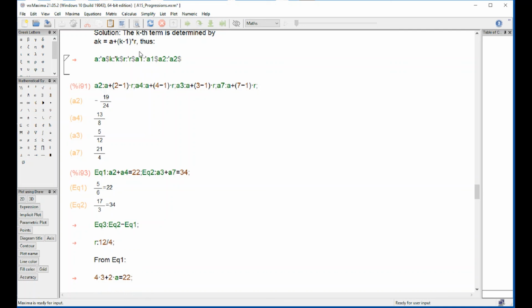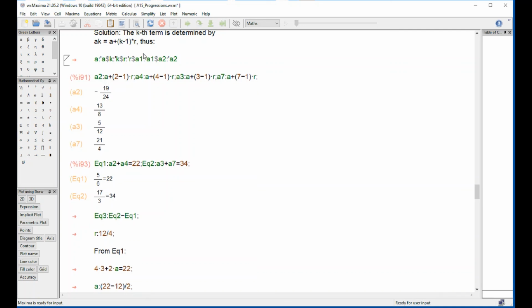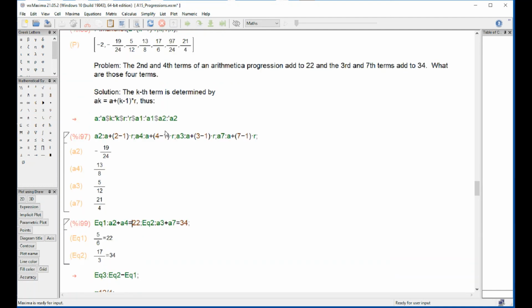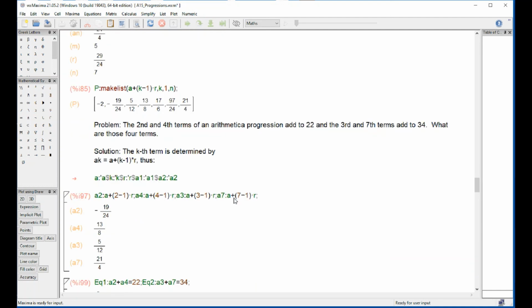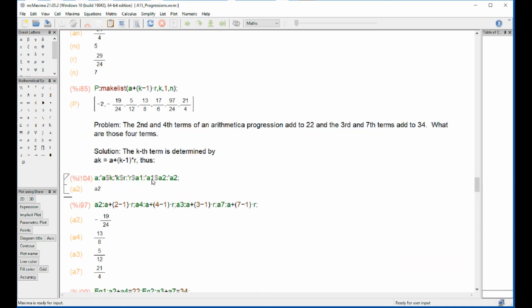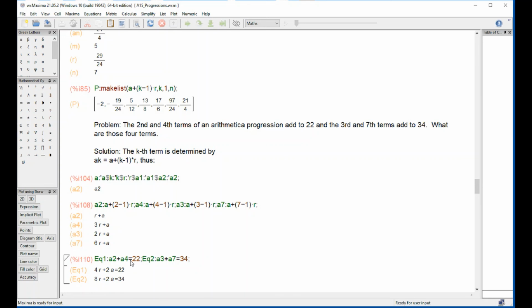I'm going to clear all of them so I can repeat this result. Doesn't seem to have cleared my a's. There it is. That's what I needed to find, and then you can write the equations like this.